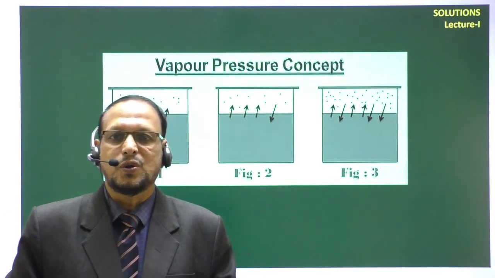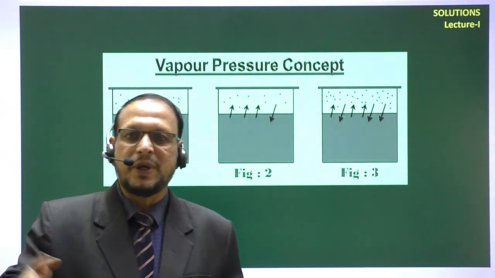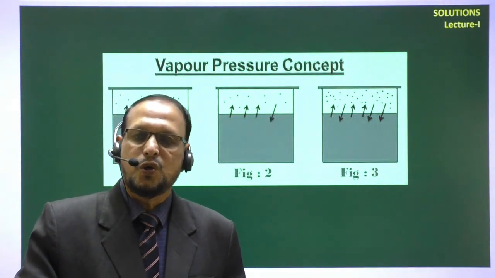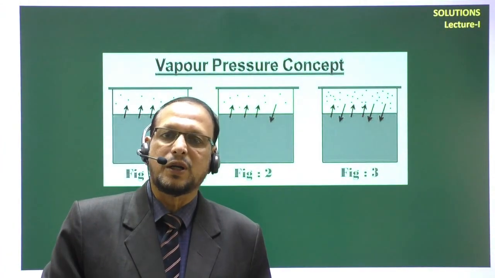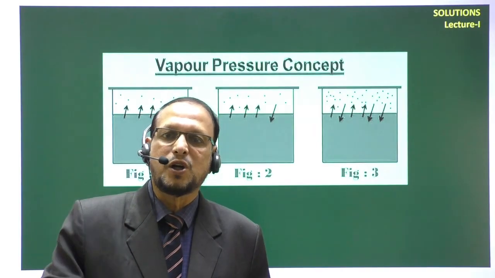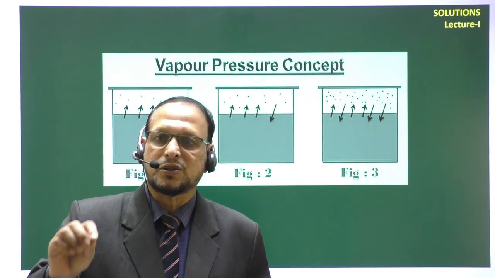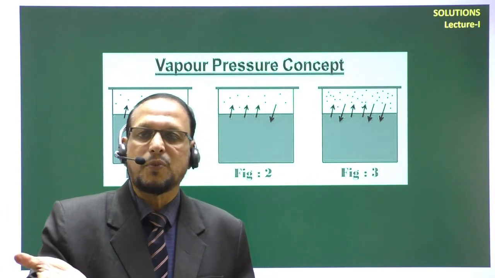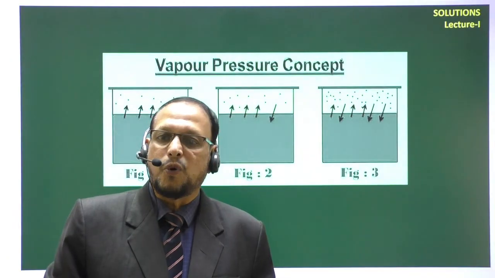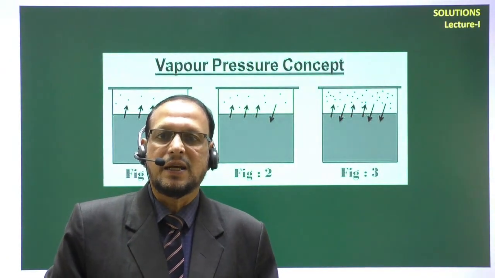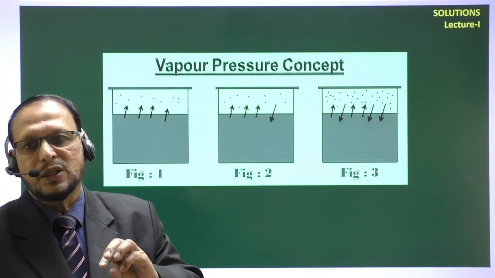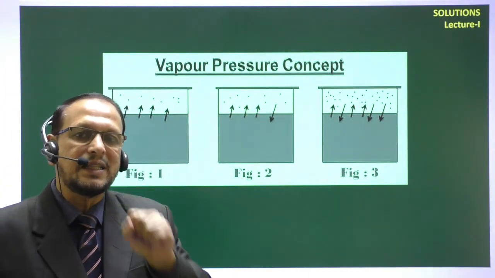Do you know the science behind that? When you add sodium chloride, which is a non-volatile solute, to water, whose boiling point is normally 100 degrees centigrade, the boiling point becomes greater than 100 degrees centigrade. So that's why when you add sodium chloride, the boiling point increases. That is the elevation of boiling point.